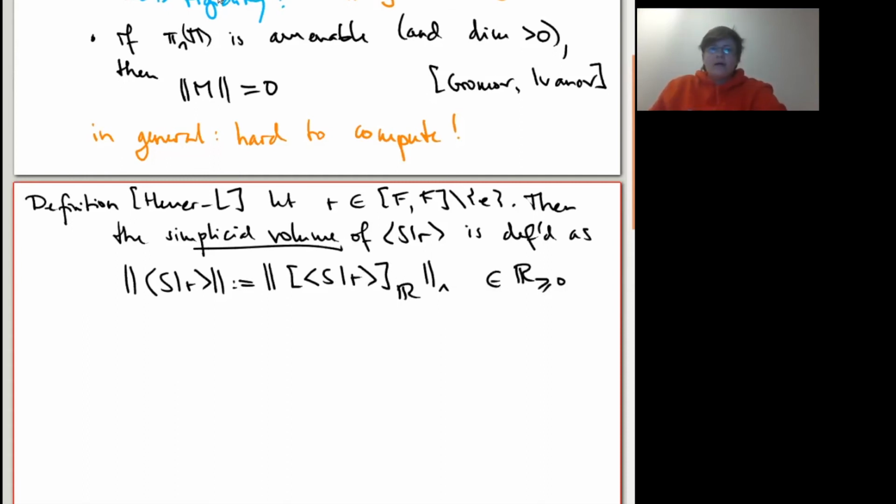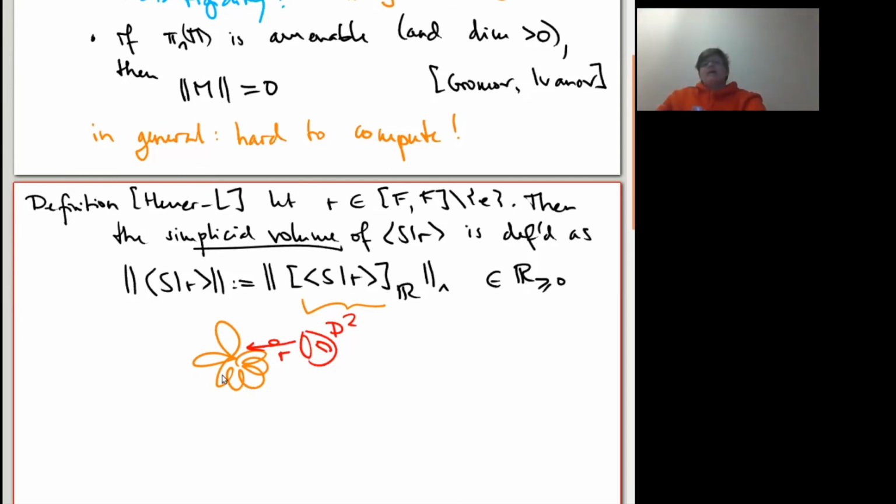So let's recall what we did before. I mean, we had this presentation complex, right? And then we had the two disk glued onto this wedge of circles by the relator. And this two disk, I told you that this defines a class in homology with integral coefficients, but also of course with real coefficients.